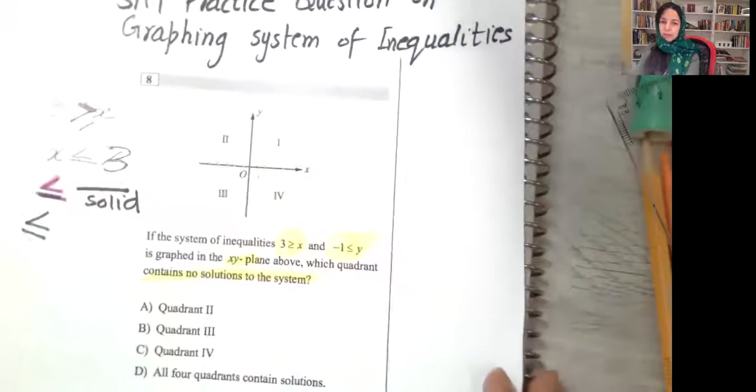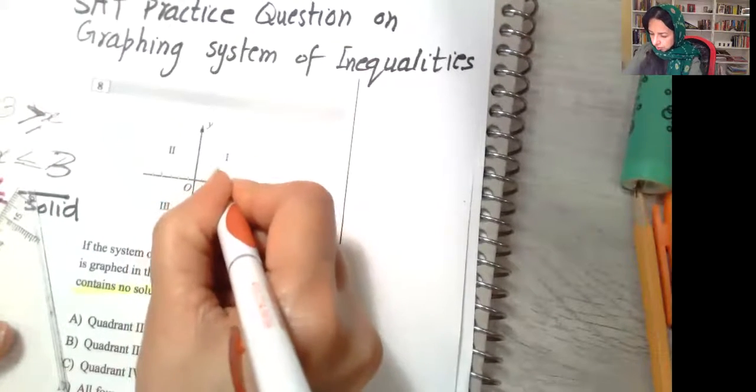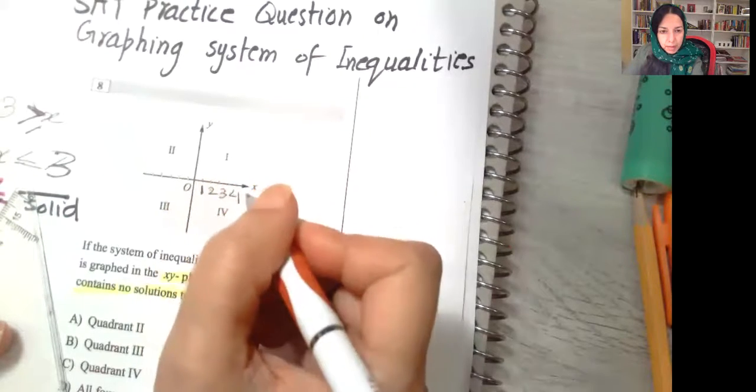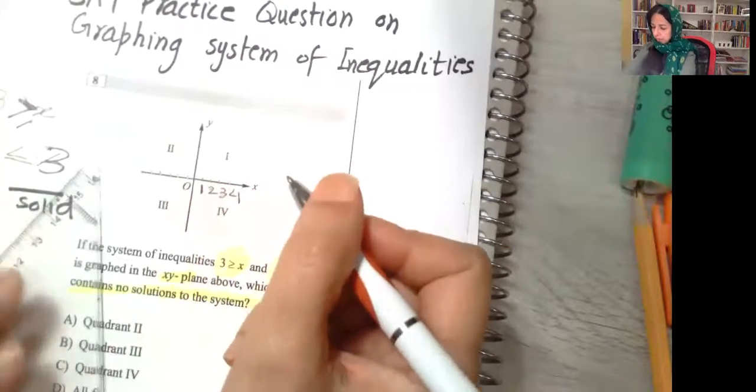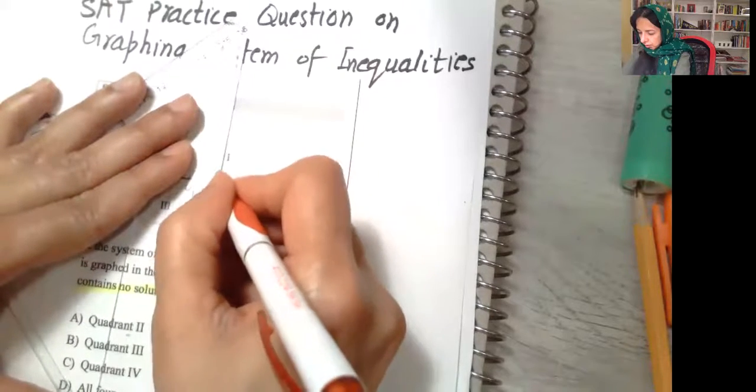So let's start graphing it. There are a few lines in the back, some of them not clear. I see 1, 2, 3 for x here, and I'm going to have a vertical line on top of 3 on the x-axis.